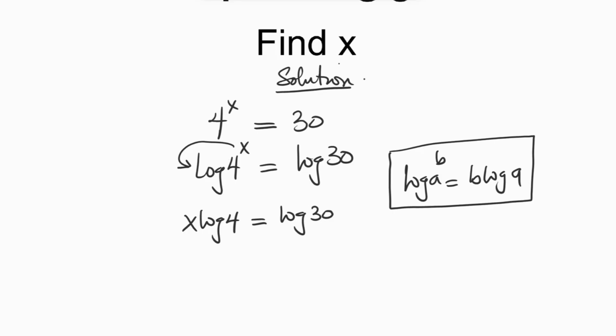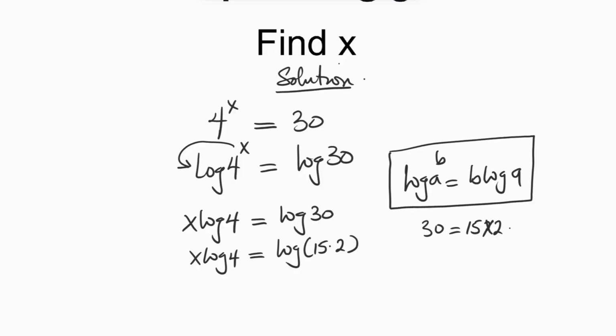Now 30 is the same thing as 15 times 2. So we have x log 4 equals log of 15 times 2.